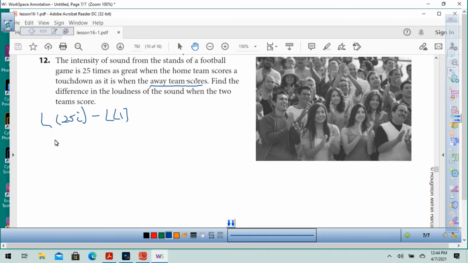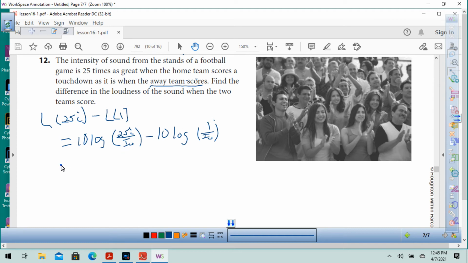All right. So let's see, what do we got? And that's going to be 10 log, and we're going to say 25I over I sub 0 minus 10 log, and then we've got I over I sub 0.